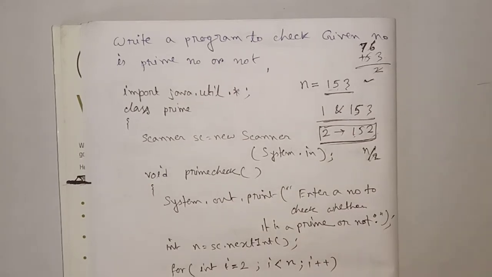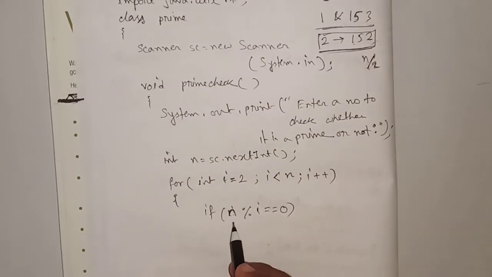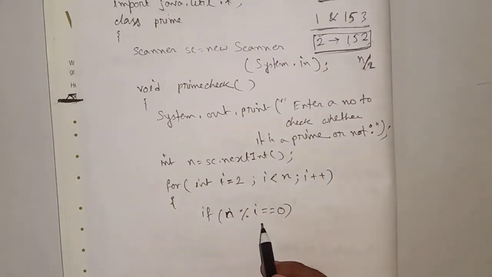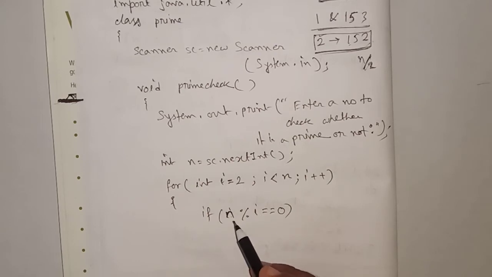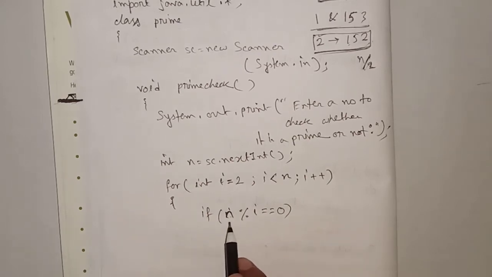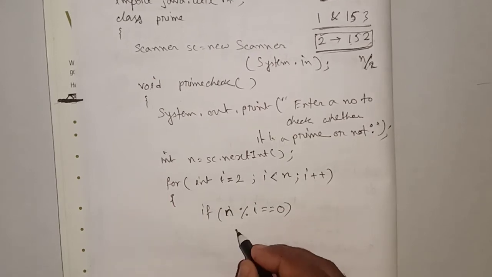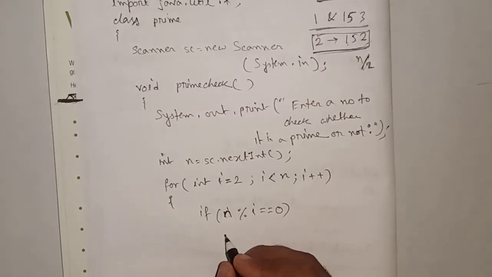That means if i divides n, then n is divisible by i, so it's not a prime number.